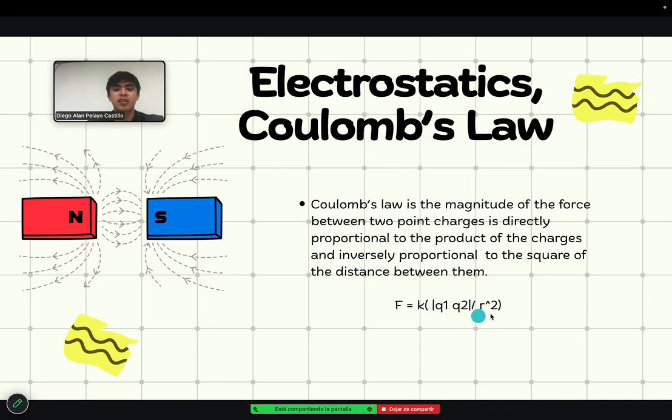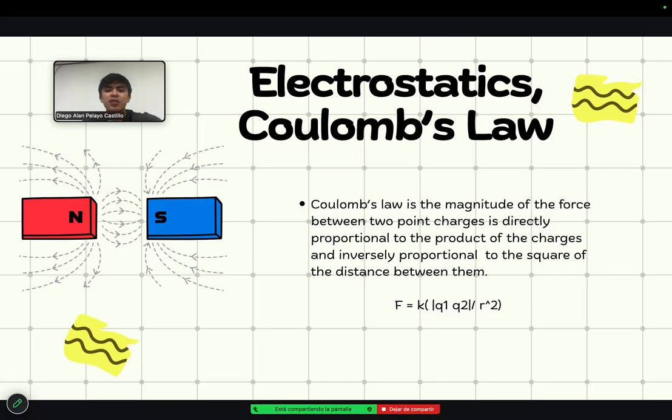That's what we can see in this equation right here. This means that if the charges increase, the force will also increase, and if the distance increases, the force will become weaker very quickly.